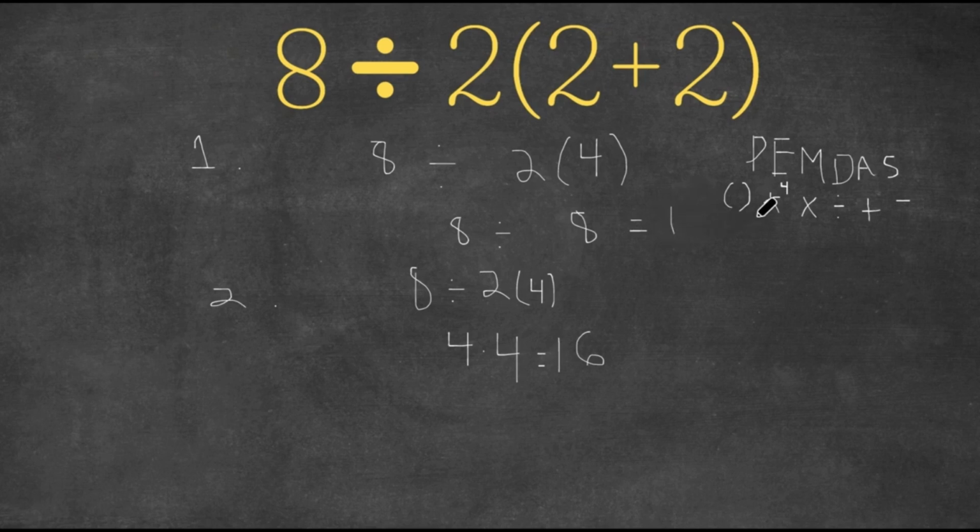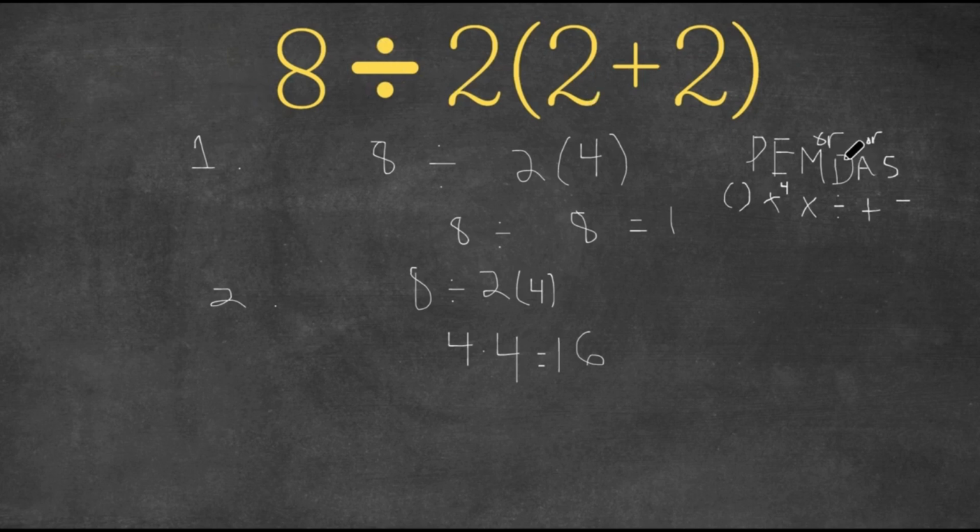However, that is actually wrong, because this isn't actually the right order. The right order is actually multiplication or division, and addition or subtraction. And the order of this depends on which one comes first. If multiplication comes first, left to right, then you would do multiplication first.